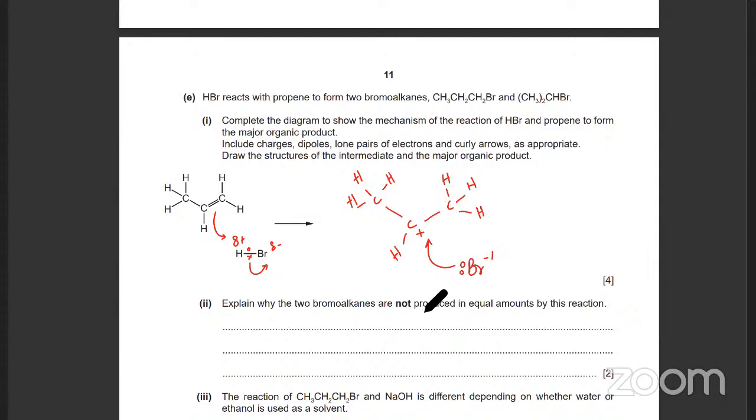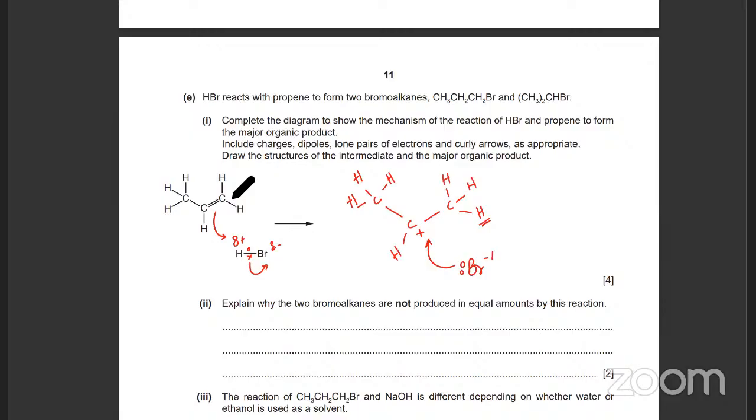Explain why 2 bromoalkanes are not produced in equal amounts. Why is it on the right one? What's the explanation for this? It produces a more stable second degree carbocation. Okay, but remember, you've given too many lines. So you'll write Markovnikov's rule: H likes to bond with the carbon in the double bond with more H atoms. Why?